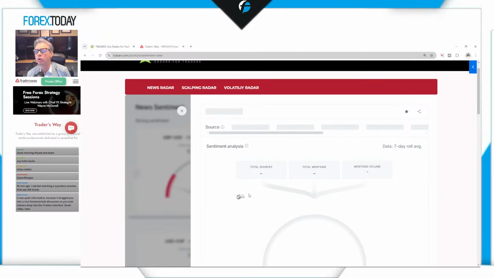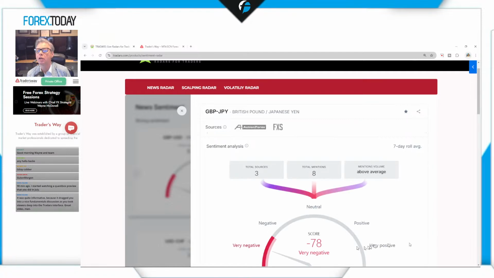So it's going to go, there we go. It goes to actually dozens, at least a dozen websites. And it recognizes if the articles are about pound yen or about something else. Then it reads the article.